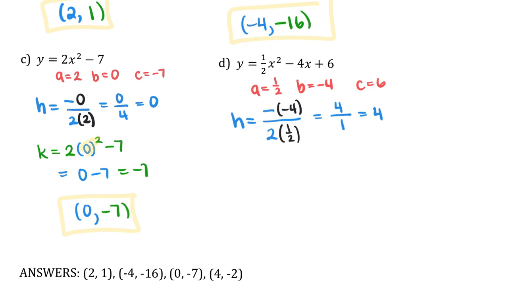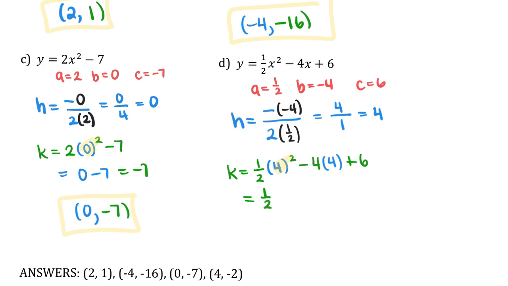Now we do have to plug it back in. You can do y equals or k equals 1/2. Then when I get to the x, I put only the 4 in parentheses. 1/2 x squared minus 4 times x plus 6. Order of operations, we do the exponent first. So keep the half out there. Don't freak out about it. It'll come out nicely.